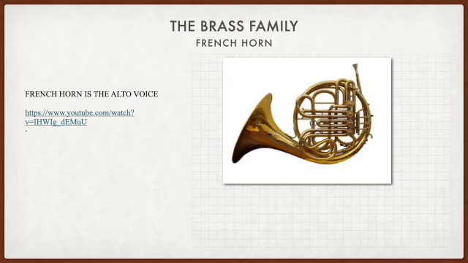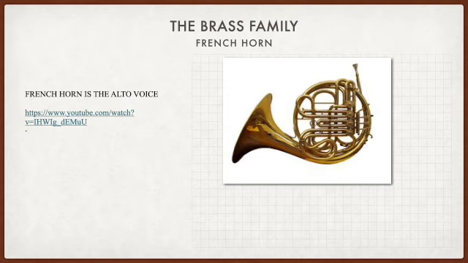The French horn is also used in both brass and woodwind ensembles. It is used also many times to double the sound of the cellos, because it has such a mellow, warm tone.